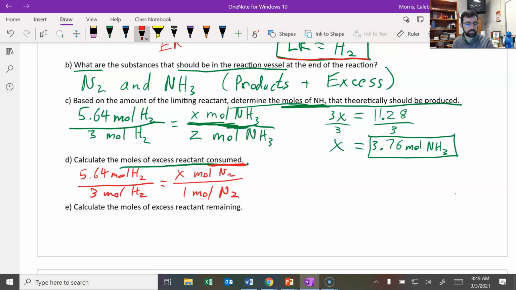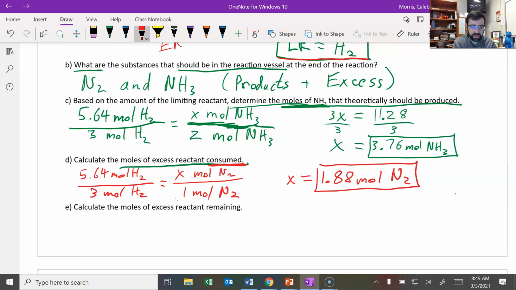Now we could cross multiply and divide, or you may recognize that X divided by 1, this factor right here, is just X. So X equals 5.64 divided by 3. So X equals, and I'm just going to do that in my calculator, 5.64 over 3. You end up with 1.88 moles of N2.